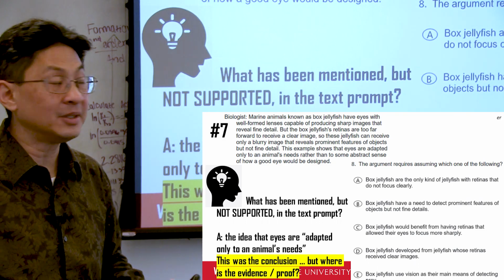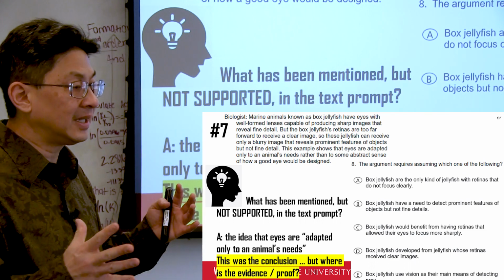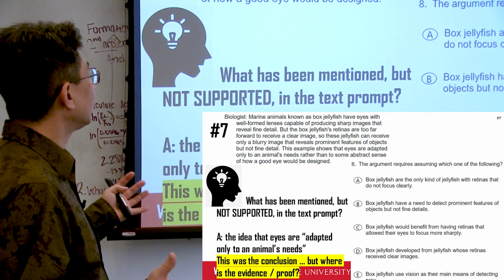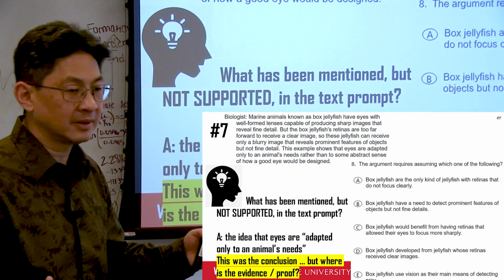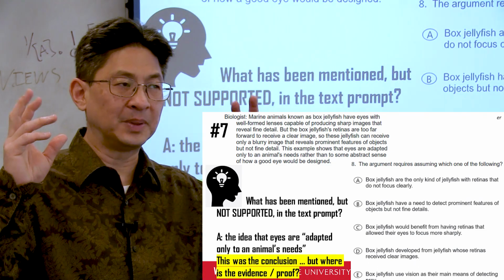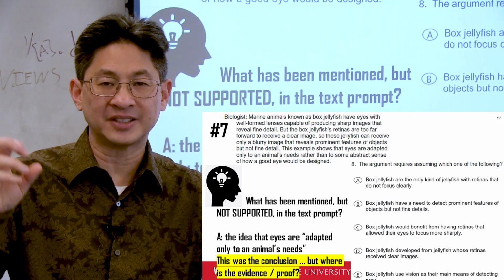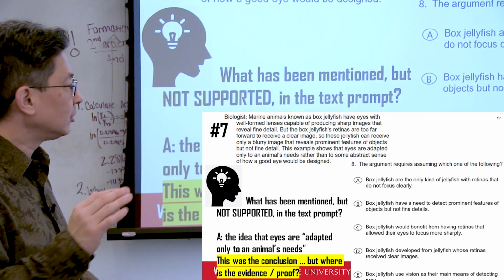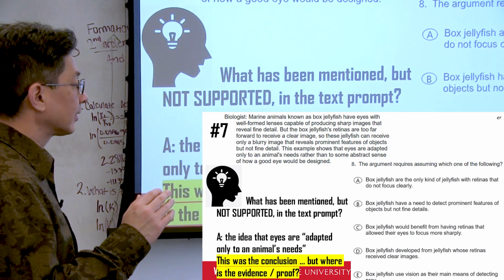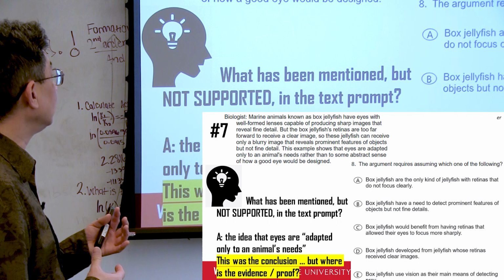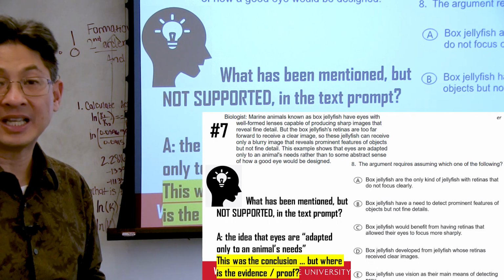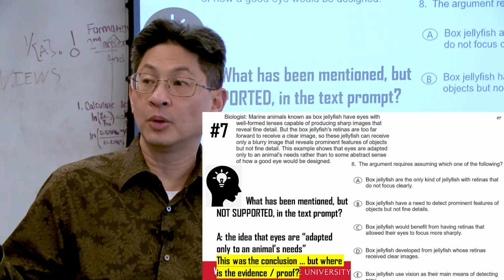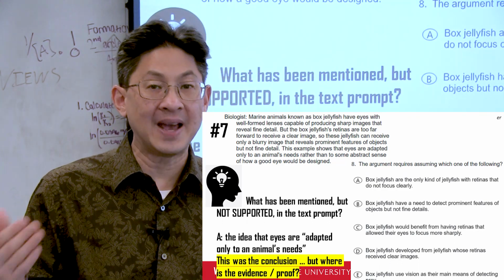They see only blurry images. And then finally, the conclusion is that eyes are adapted only to animals' needs rather than to just what it means to have good eyesight or good eyes. And that's where that leap happens. You notice how they went from the clarity of sight to eyes being adapted to an animal's needs? That's a jump in logic that they made without proving it, without providing evidence.